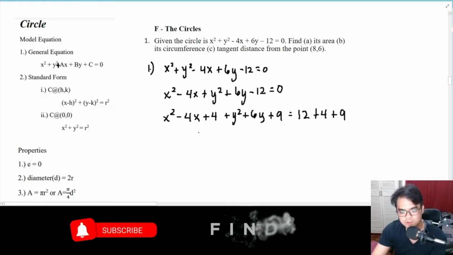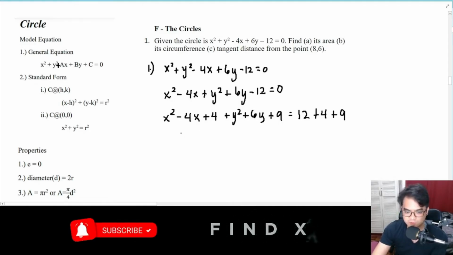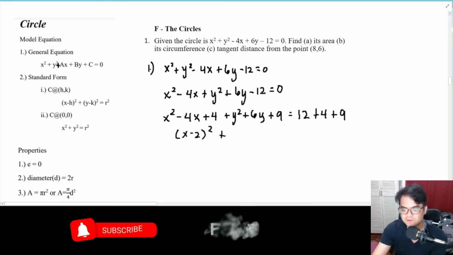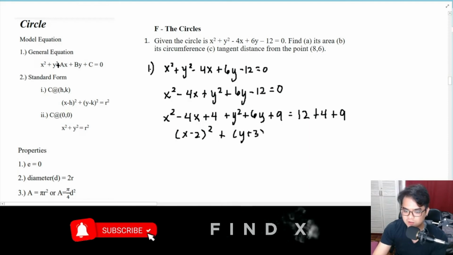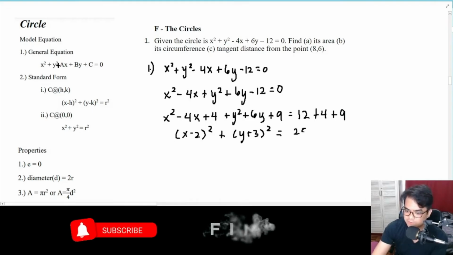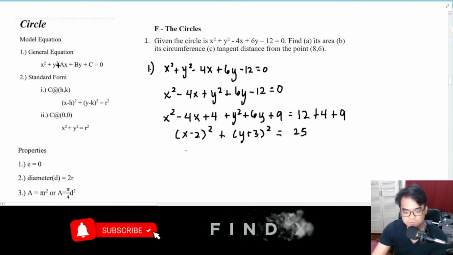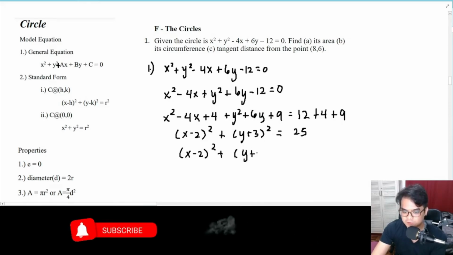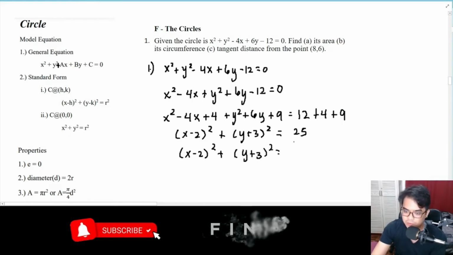Okay, and then now we can factor this. Factoring x squared minus 4x plus 4 will become x minus 2 squared, plus y plus 3 squared. And the right side will become 12 plus 4, that's 16, plus 9, that is 25. Rewriting that, you'll have x minus 2 squared plus y plus 3 squared equal to 25.